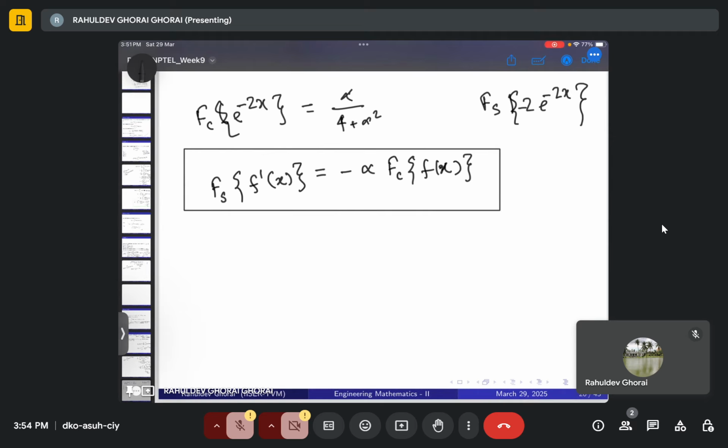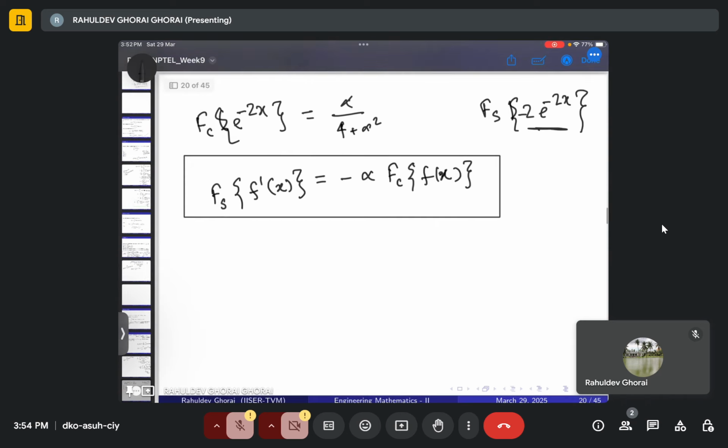Once we know this, this is f, then this will be f prime, right? So Fs of the derivative of e to the power minus 2x is equal to minus alpha Fc of e to the power minus 2x.